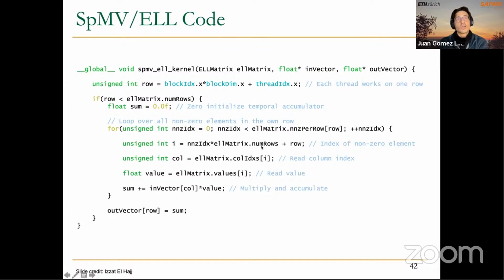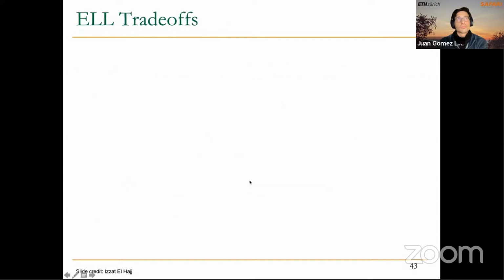It's pretty similar to the implementation of CSR. What is different is the way we index the elements that are in this ELL format, but that's simply because they are stored in a different way. But other than that, the computation is pretty similar. Again, no atomic operations, and again, one thread assigned to each row.